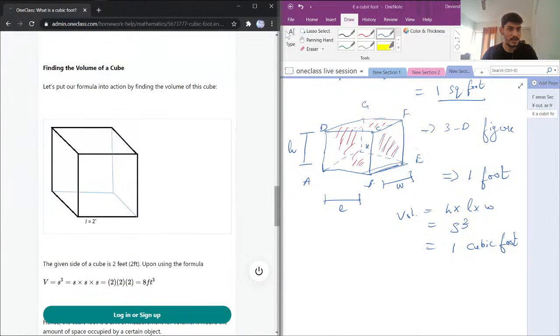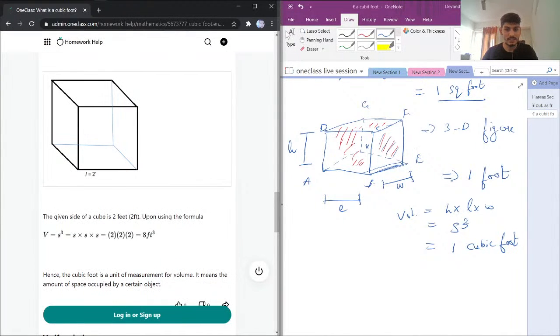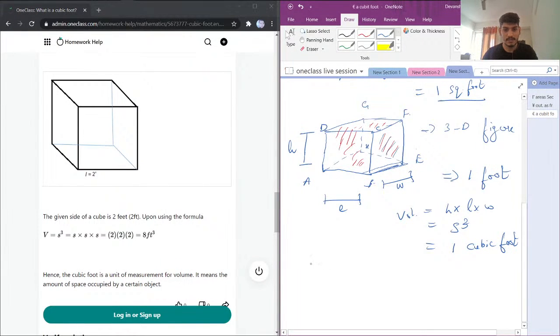Now here we have another example of finding the volume of a cube. Let's say the cube has 2 feet of length, then the volume will be 2 cube, which is 8 cubic feet.